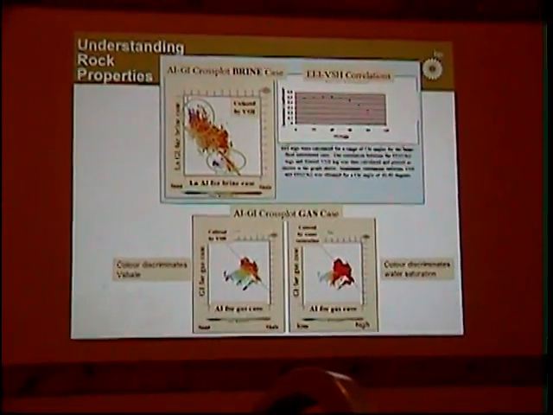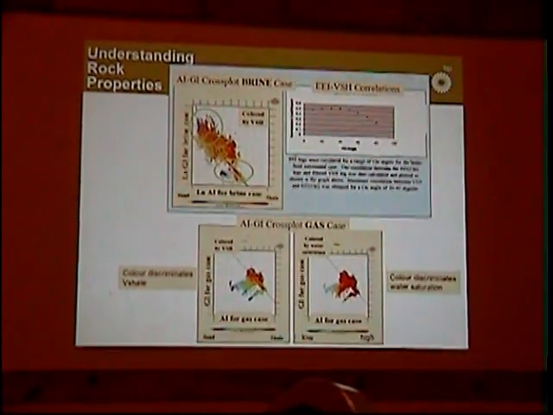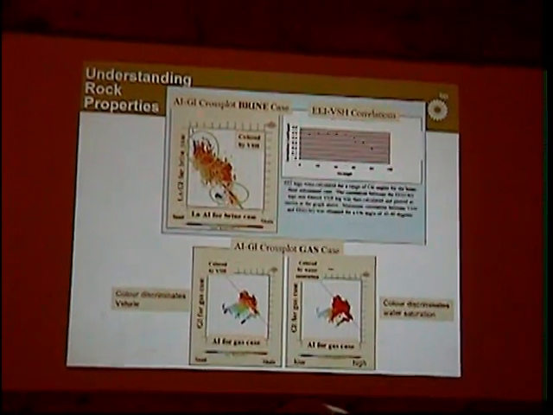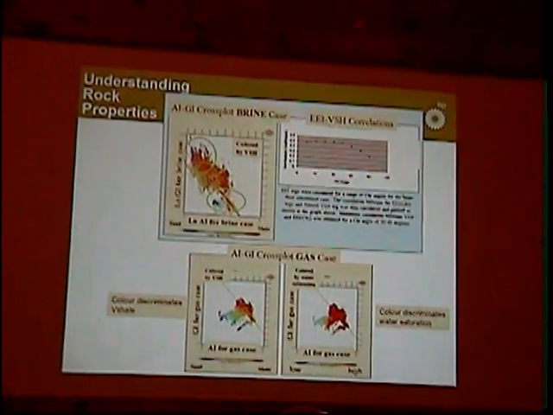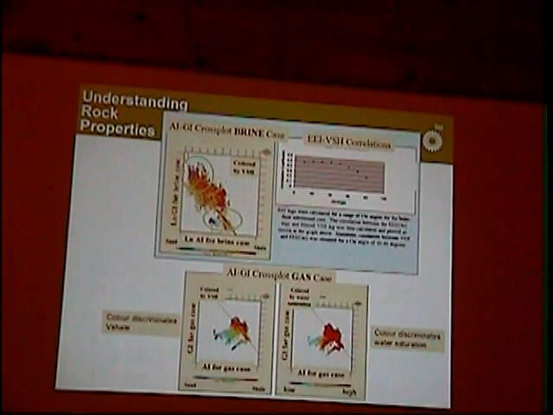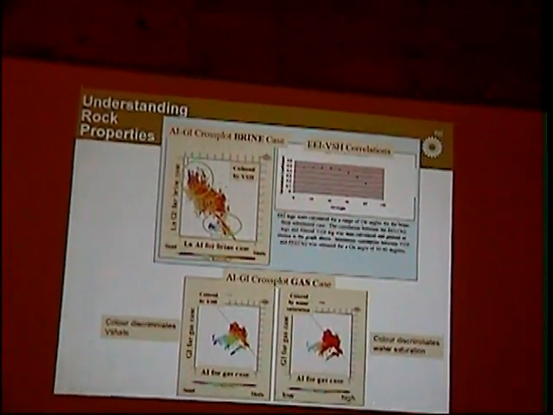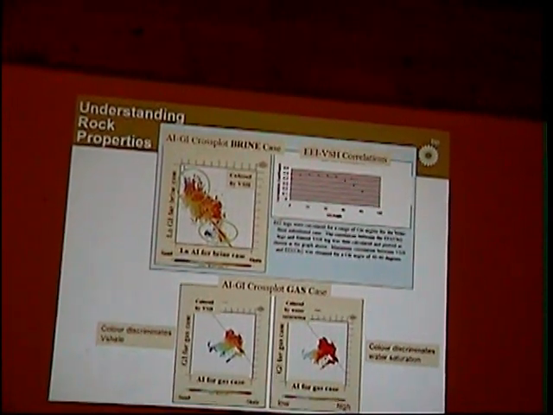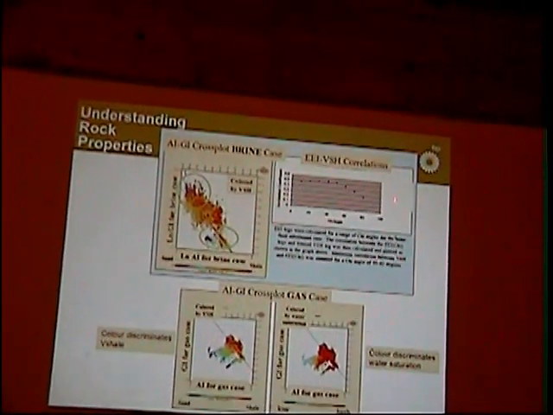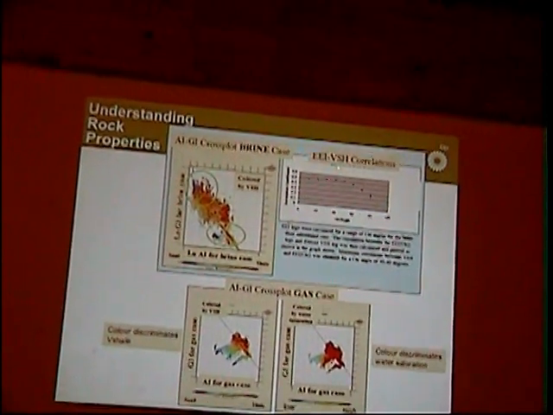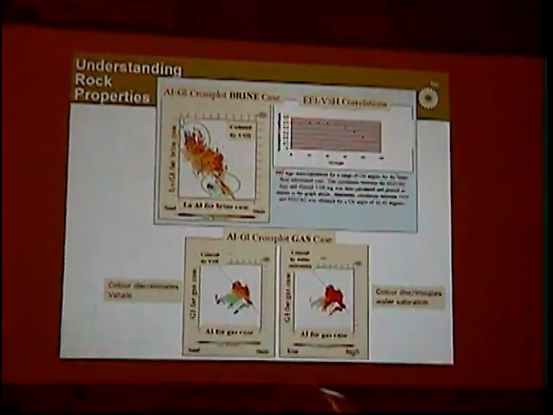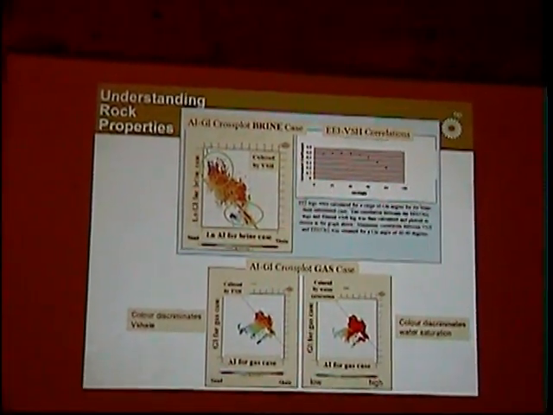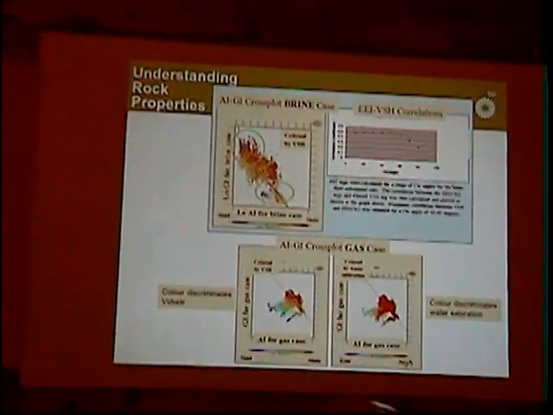Typically we generate AI-GI crossplots and generate EI logs for a huge range of angles, and then we correlate the resulting EI logs with the V-shale log or the water saturation log or whatever you're interested in, just to show the point of highest correlation. That would probably be an optimum angle that you would then take back to your seismic data, and try to match your log to your seismic and generate the same kind of volume.